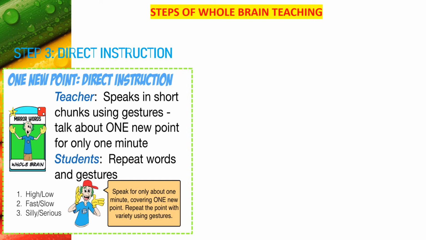And when the teacher speaks very loudly, at the same time the students are asked to repeat the words with gestures. So the teacher tells the content and the students repeat the words and the gestures along with the teacher.